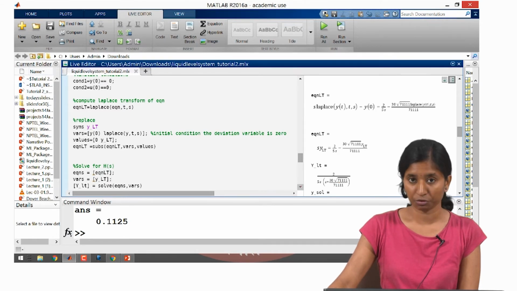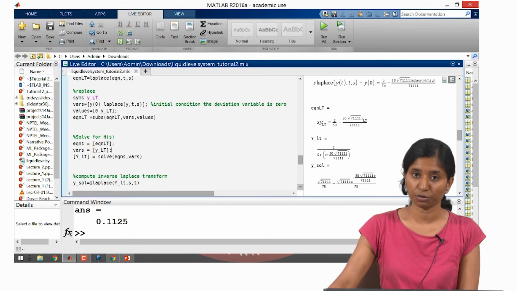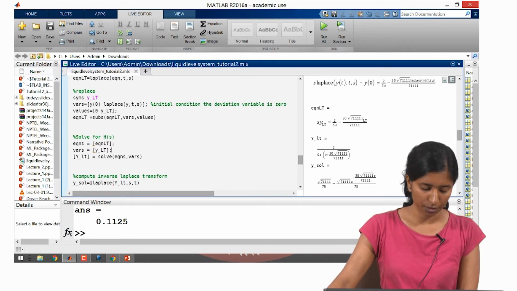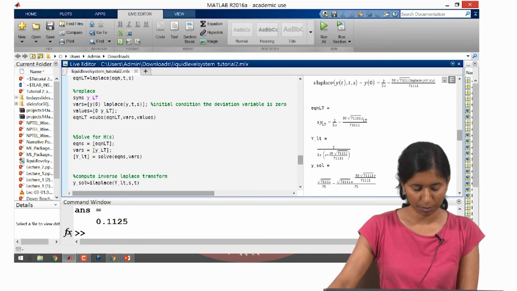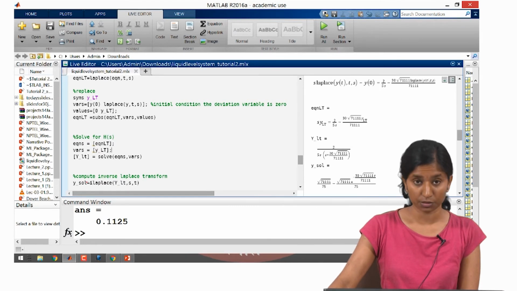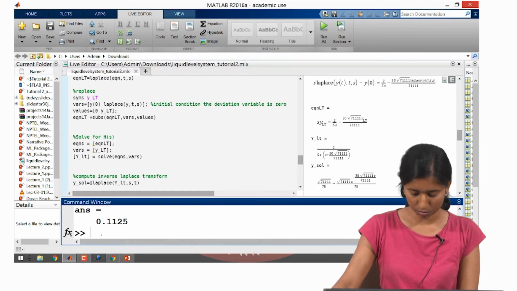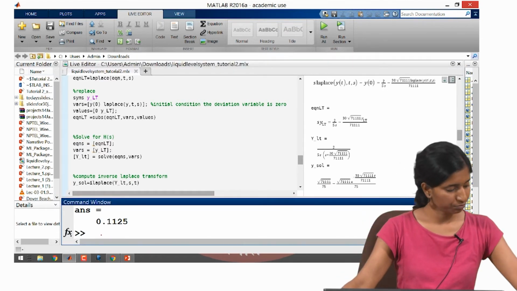And if we want to find the time domain solution, we have to take the inverse Laplace transform. So, if we take the inverse Laplace transform using the command ilaplace of the function, that is y underscore LT comma s comma t, here the transformation variable is t. I have named it y underscore SOL, y solution. It is found to be this one. Let us just verify this.